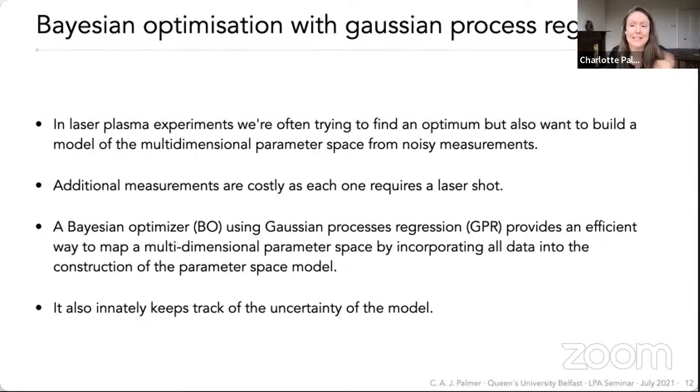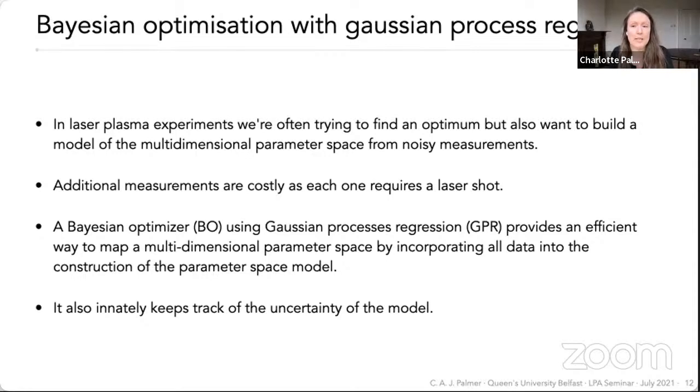An additional challenge on top of that is that our data isn't cheap. Each new piece requires a new laser shot. And so we want to make sure that we're using a system to build this model that's not wasteful, that incorporates all of the data. These criteria led that group towards Bayesian optimization using Gaussian process regression, which does incorporate all of the data into the model that it's building, and it tracks the uncertainties.